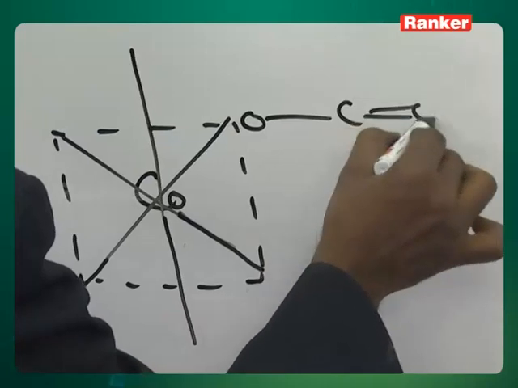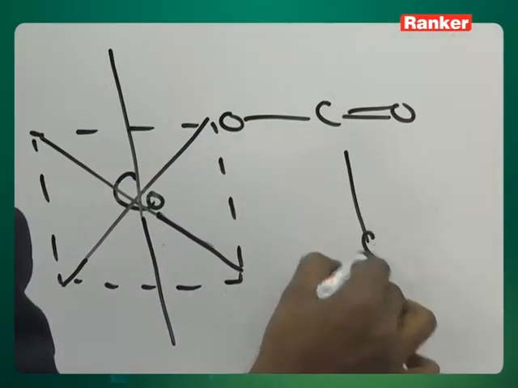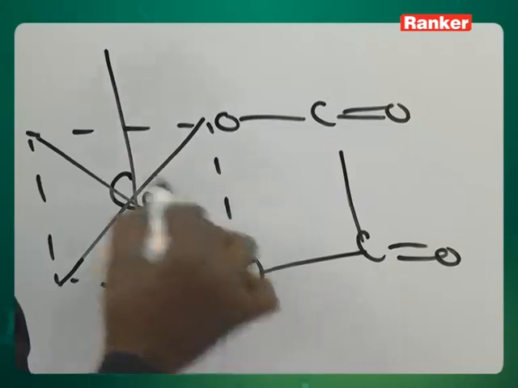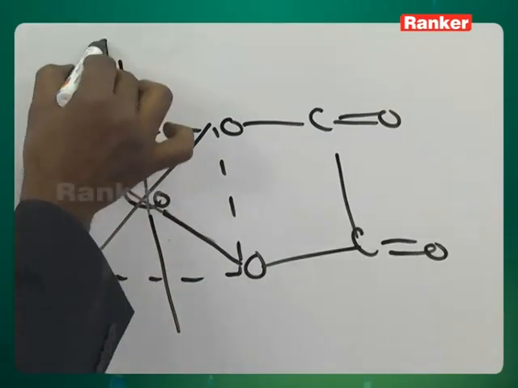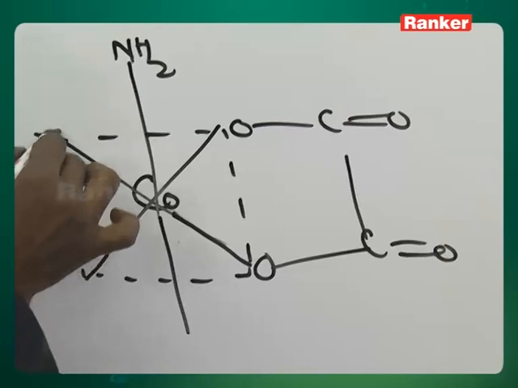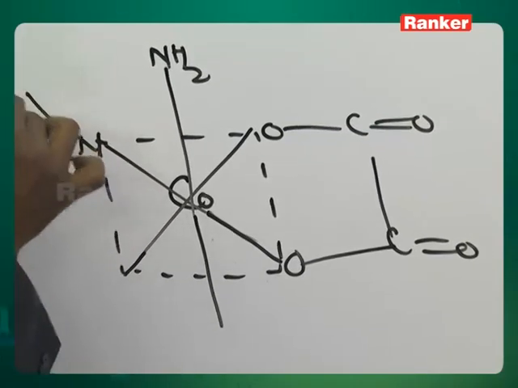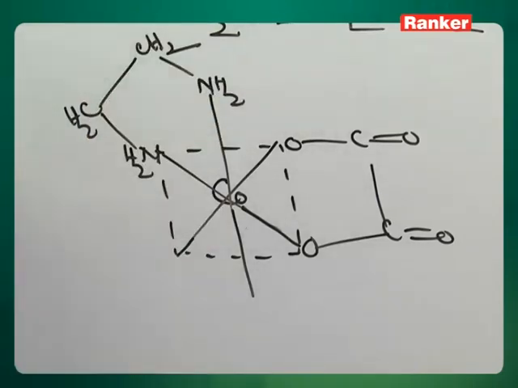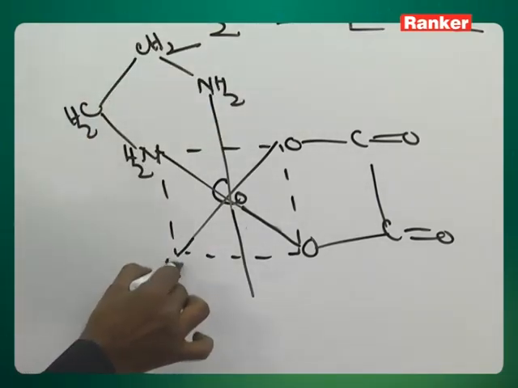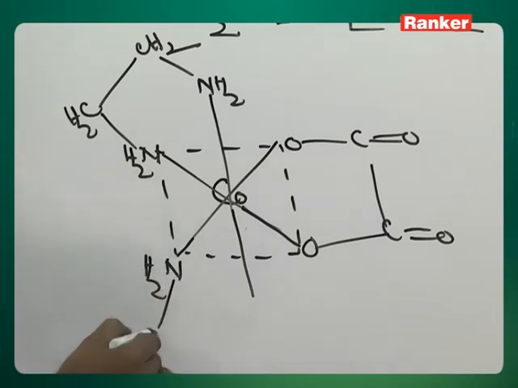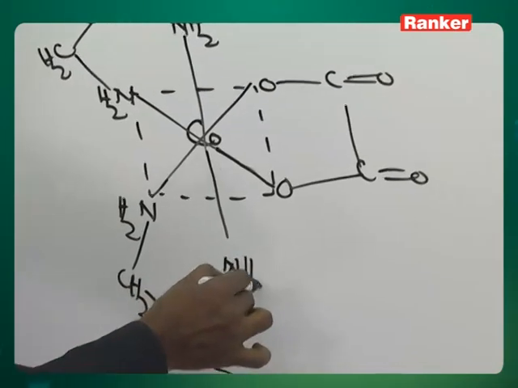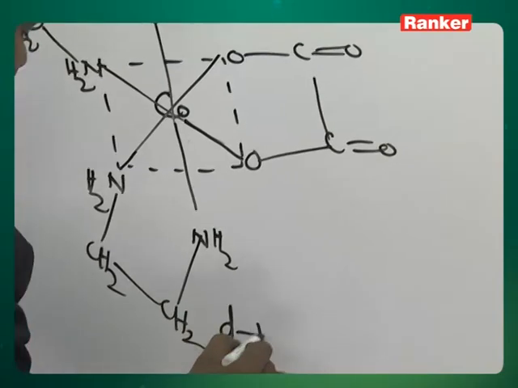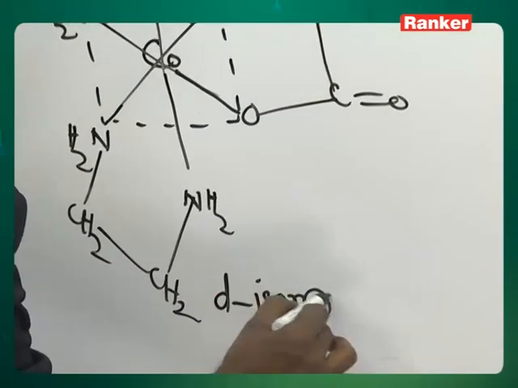See, one oxalate I have given, oxalate ligand, and two ethylenediamines. One, the second one, take this as the D isomer.